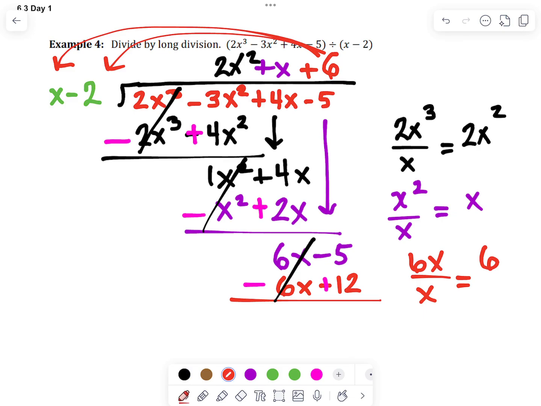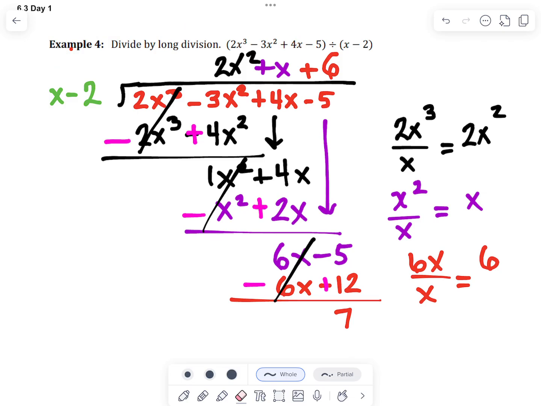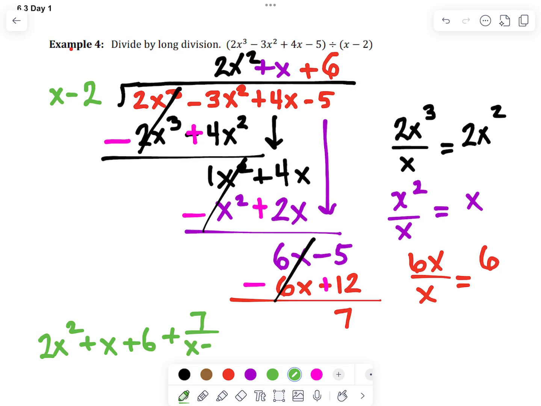And then -5 plus 12 is 7. That is now our remainder. So our final answer is 2x squared plus x plus 6 plus 7 over what we divided by, x minus 2.